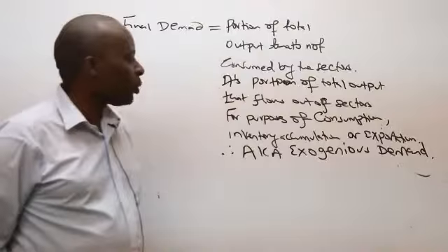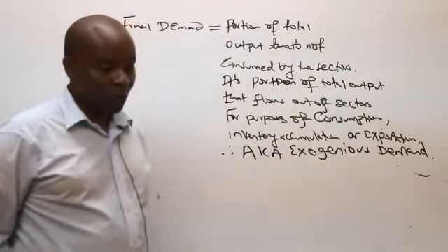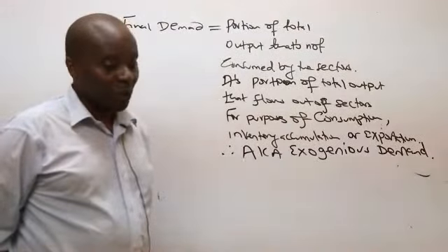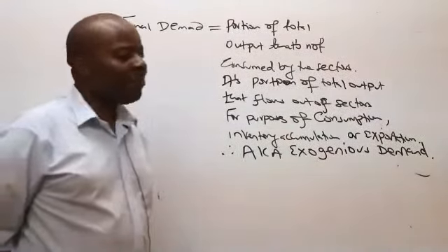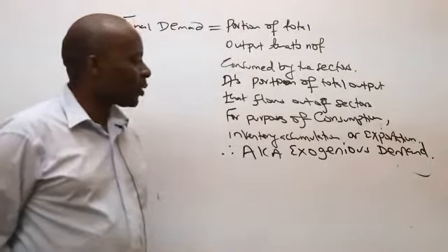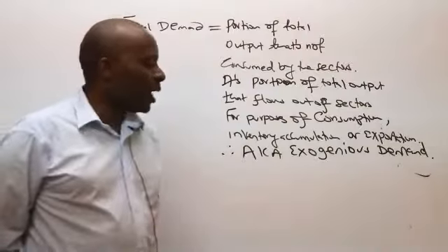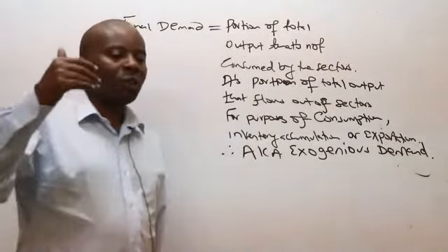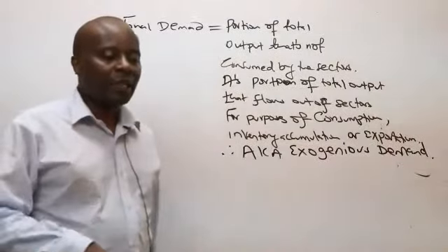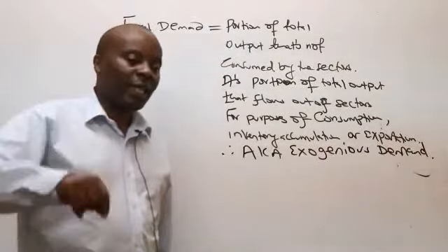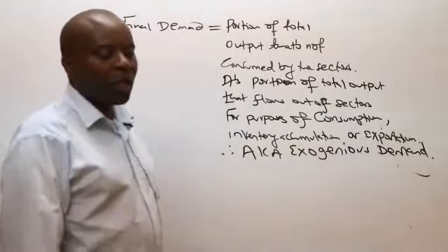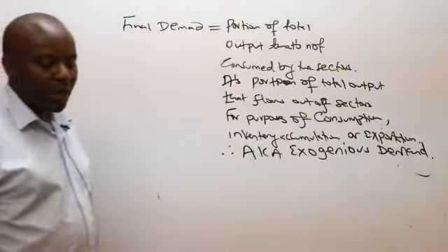It's the portion of total output that flows out of the sectors for purposes of consumption, inventory accumulation, like now what we normally take to Kenya, this KPCU, whatever, growers, whatever, or what is even exported out of the country. The major thing is that you're not utilizing that inside the sectors again. This is the opposite of what we call intermediate demand.